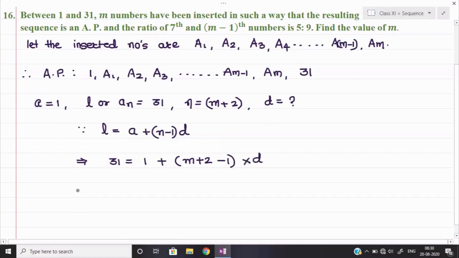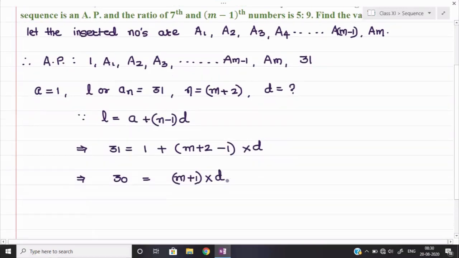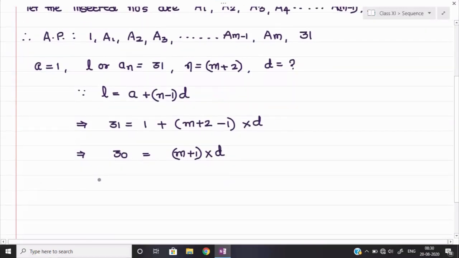If I bring 1 to this side, it will subtract from 31. So remaining is 30 is equal to m plus 1 into d, and hence the value of d can be found in terms of m. The value of d will be equal to 30 upon m plus 1.